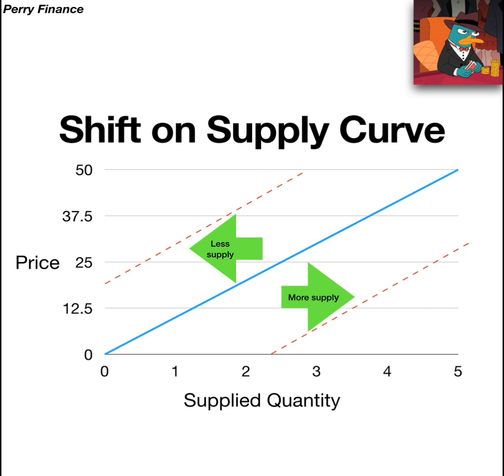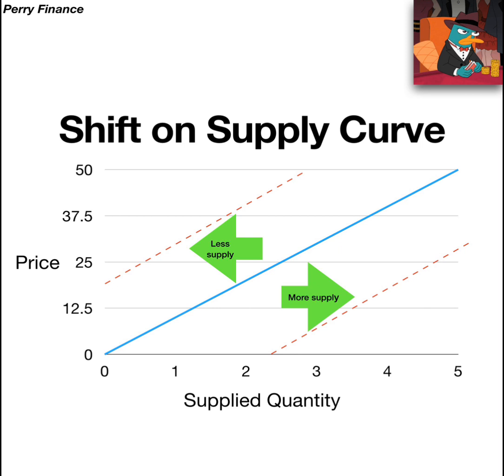It follows that a change in any of those variables will cause a change in supply, which is a shift in the supply curve. A change that increases the quantity of a good or service supplied at each price shifts the supply curve to the right, and a change that reduces the quantity of a good or service supplied at each price shifts the supply curve to the left.